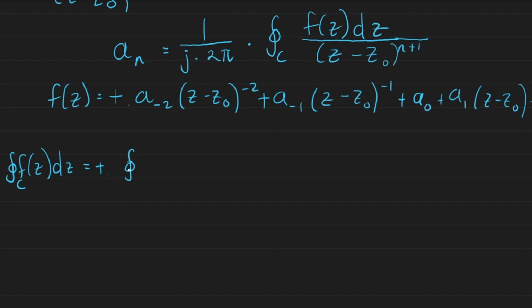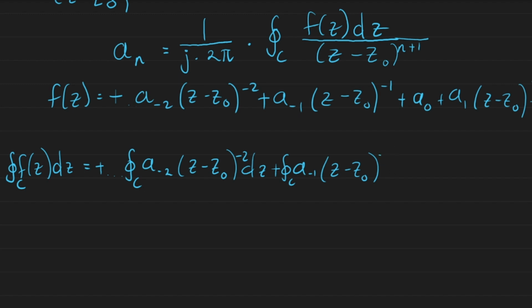And if we do that, we have the integral around this closed path of a to the minus 2 into z minus z naught to the power minus 2 dz, plus a minus 1, integral around the closed path of a minus 1 into z minus z naught to the power minus 1.